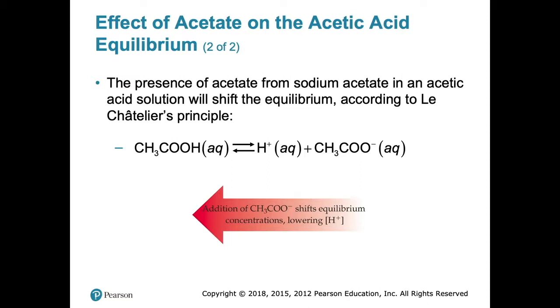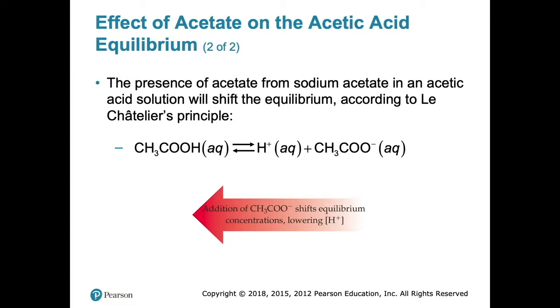It will make more of the acetic acid that hasn't been dissociated, and that makes sense too because in this equilibrium process, we get to a point where there's a certain concentration of protons and a certain concentration of the conjugate base. If you add more conjugate base, then it's not equal anymore.